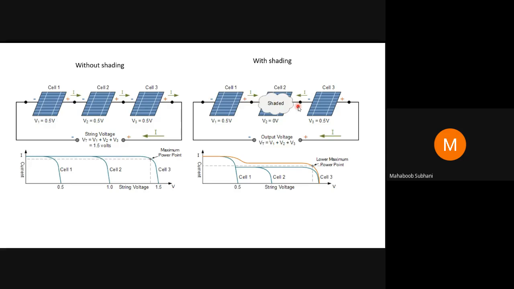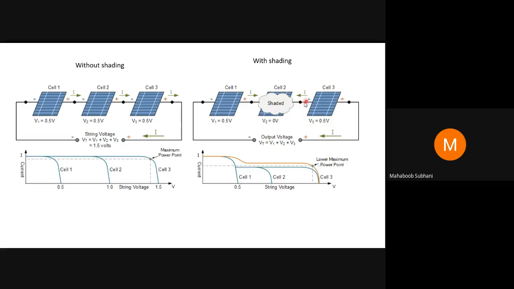Now what happens is once this cell gets shaded, it will try to act as reverse biased. Reverse bias in the sense that the voltage across this terminal would act as a negative voltage, in the sense the current flows in the opposite direction.